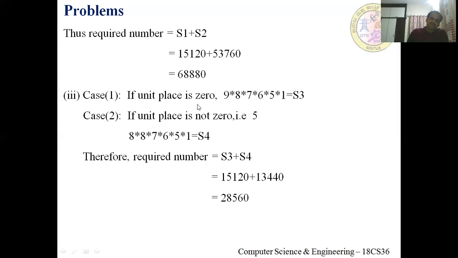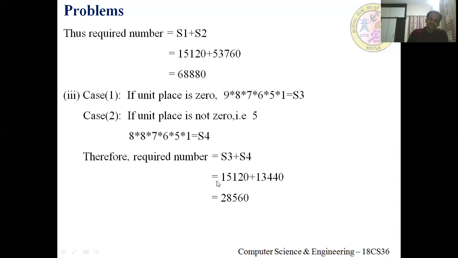But the final problem says if I want the number to be divisible by 5, either it has to end with 0 or it has to end with 5. That's why if the unit place is 0, the number of ways of performing this is 3. And the next one is if the unit place is not 0, then the number of ways of doing this one is 4. Upon simplification, you are going to get 15,120, then 13,440.